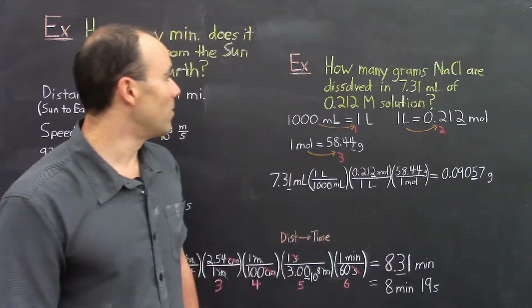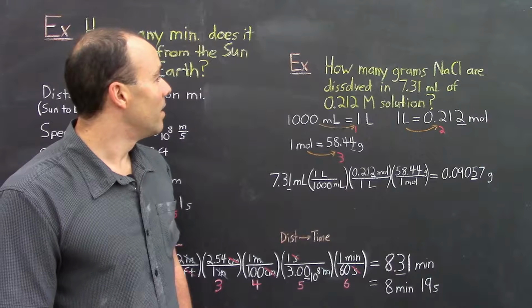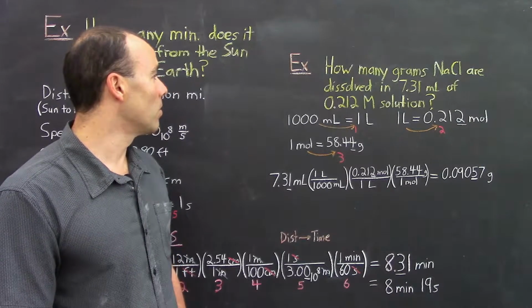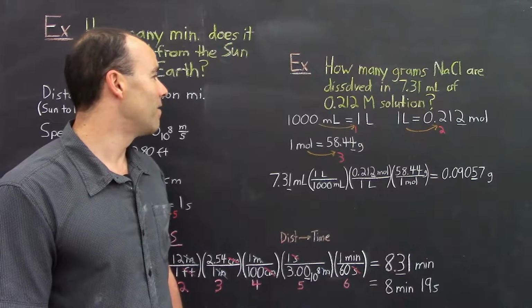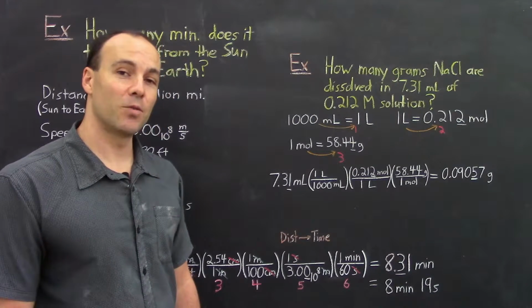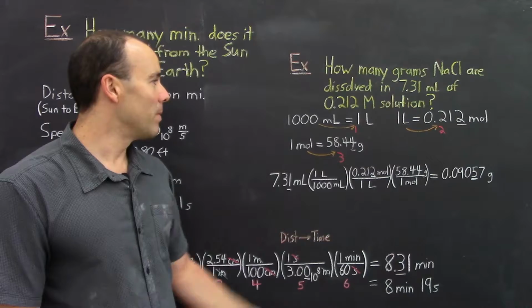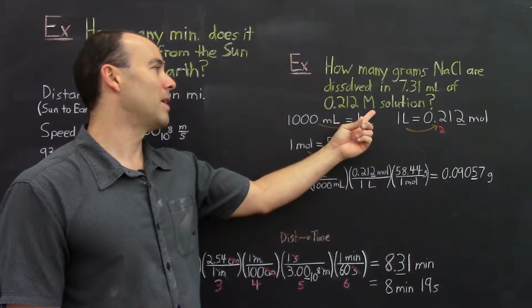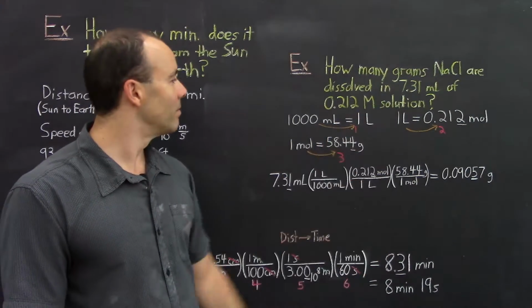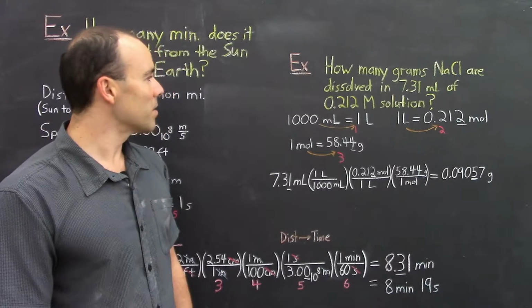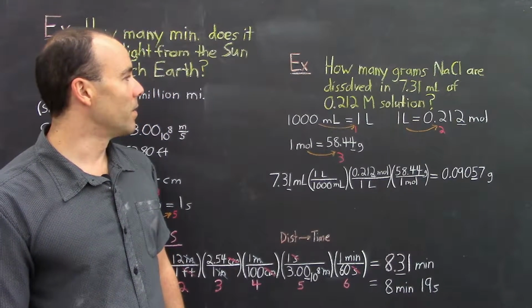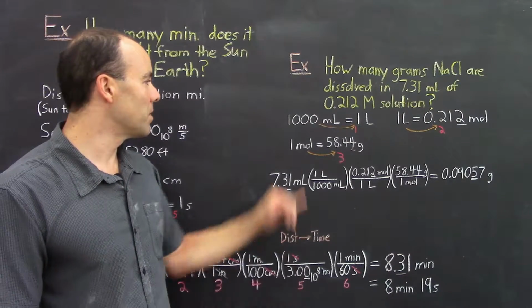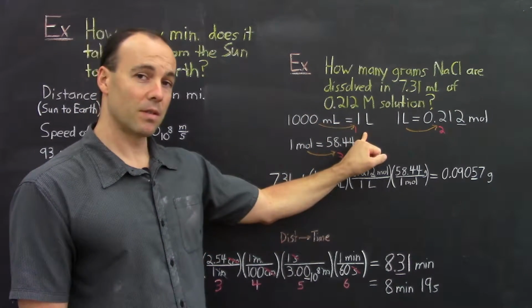In a second example, we're asked how many grams of sodium chloride are dissolved in 7.31 milliliters of 0.212 molarity solution. You remember molarity tells you how many moles per liter. So we can start with the volume here and convert from milliliters to liters.